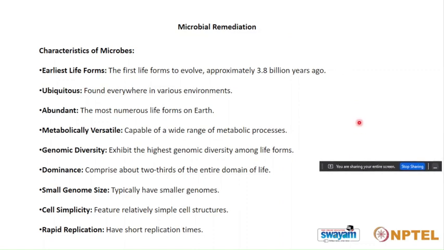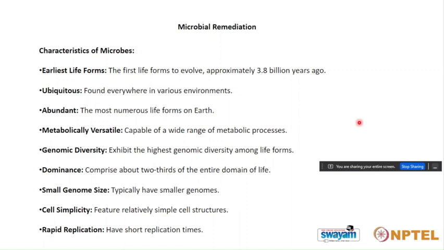So in bioremediation, why do we specifically choose microbes while plants and other organisms are also there? Why should we specifically go with microbes? Because of the characteristics of microbes.